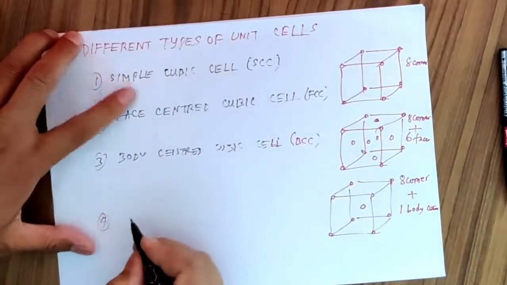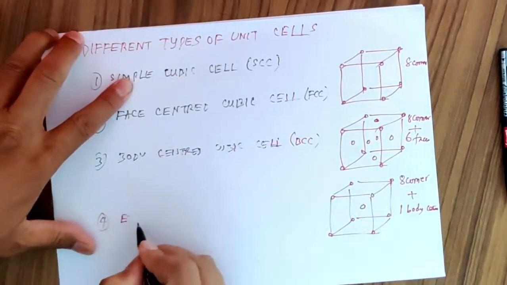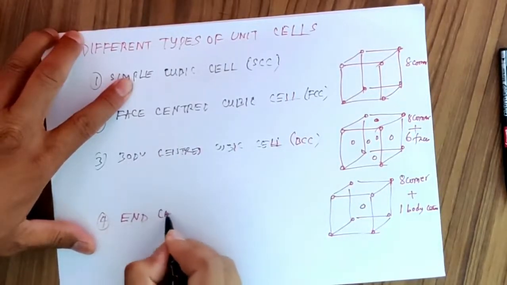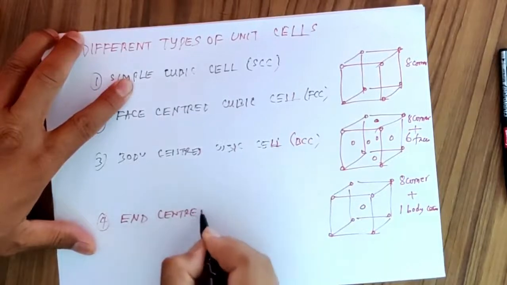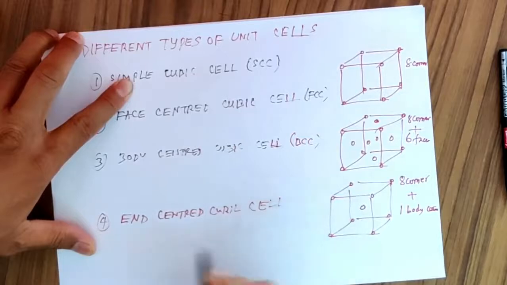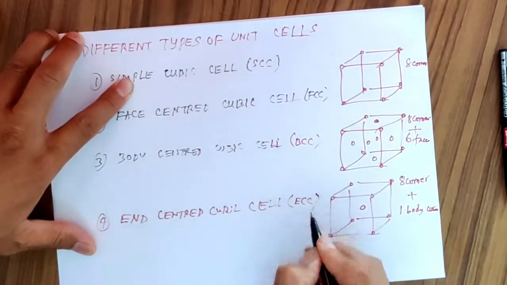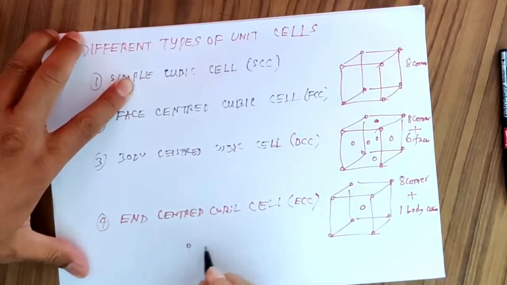Alina type of unit cell Lina, face centered cubic cell, structure.